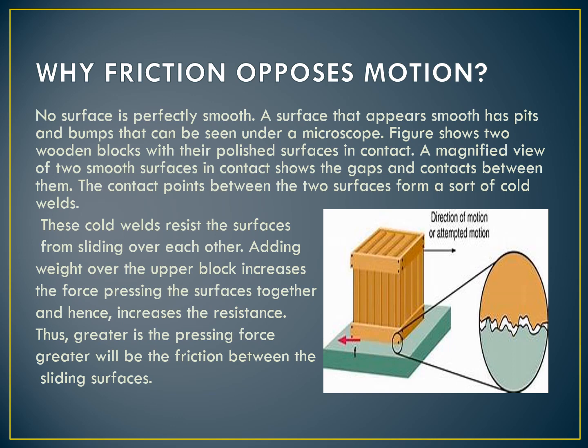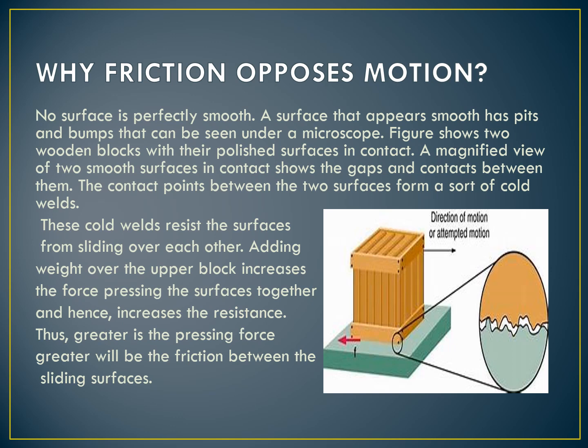As you can see in the picture, the magnified view of the smooth surfaces in contact shows the gaps and contacts between them. These contact points between the two surfaces form a sort of cold welds. That is, these points become locked with each other and then resist the surfaces from sliding over each other.